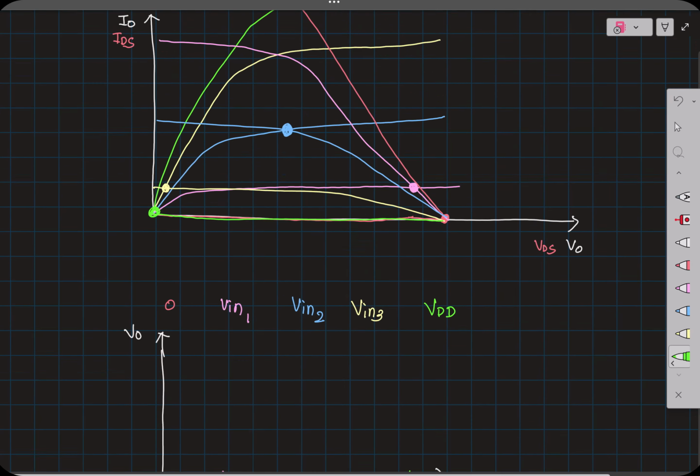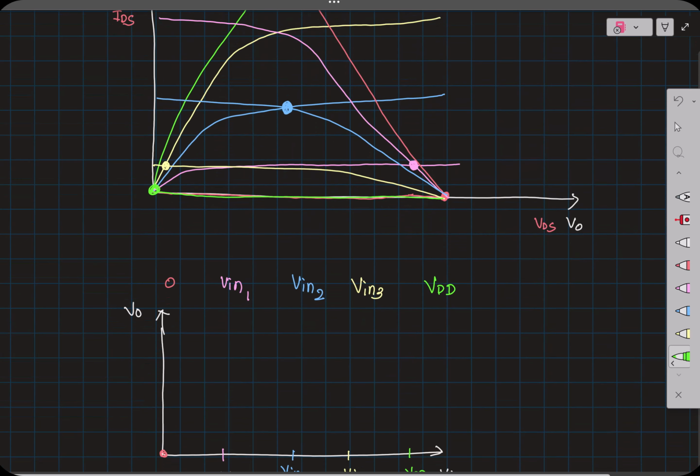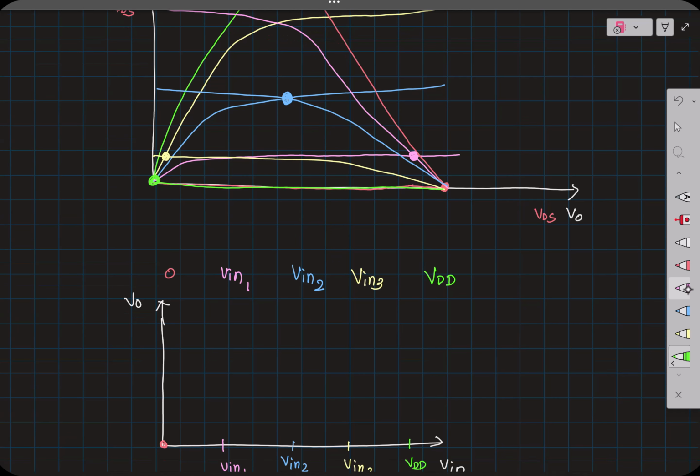Looking at this, can you tell me where I should put Vin1? Your value is here, right? Is this closer to VDD or closer to ground? On the x-axis, you have VDD. And if I were to find out what this value is, this is closer to VDD than it is to ground, right? So corresponding to Vin equal to 0, this was your intersection point, that is VDD.